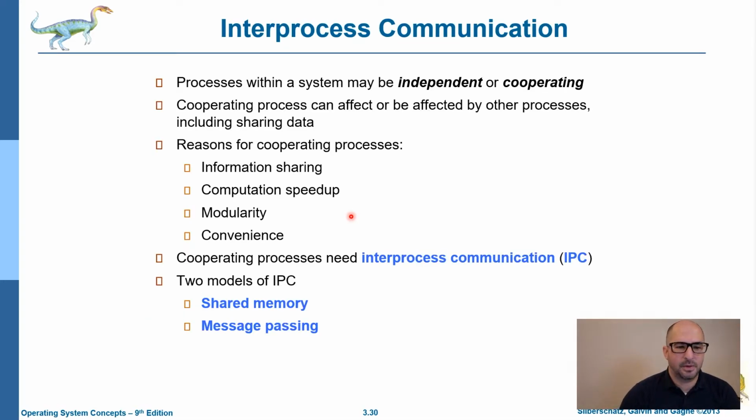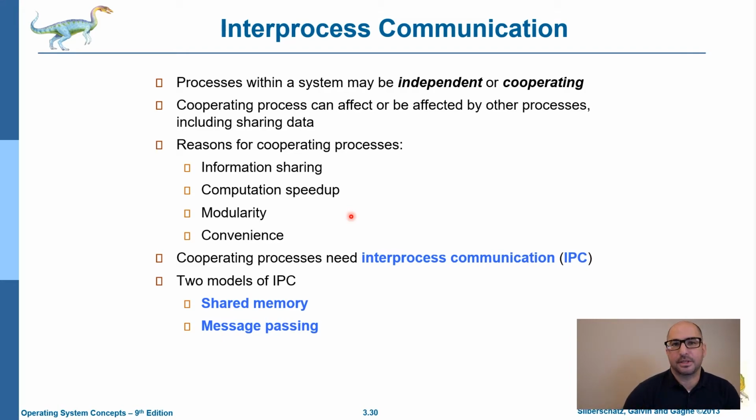So inter-process communication is, in concept, just passing messages, passing information between processes. We say that a process that is not interacting with other processes is independent. Otherwise, if it's passing information and working with another process to share data, it's cooperating.